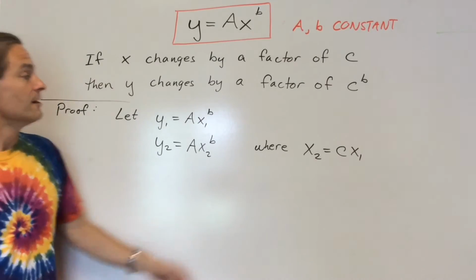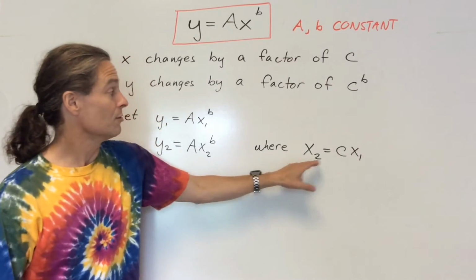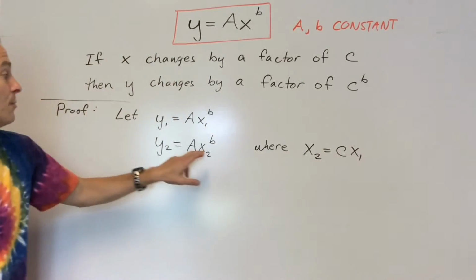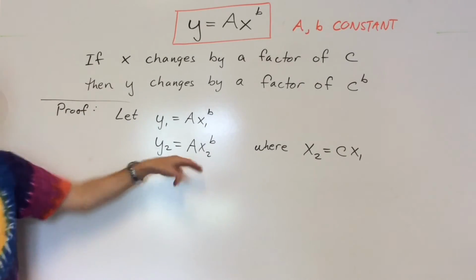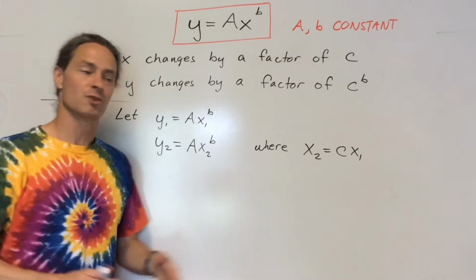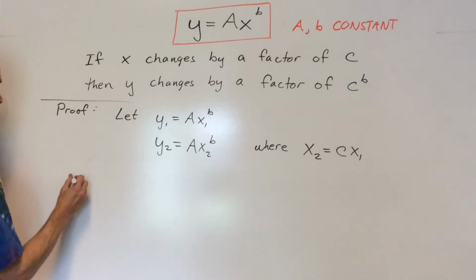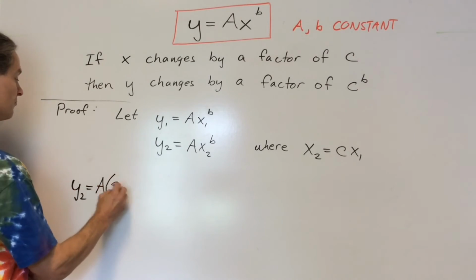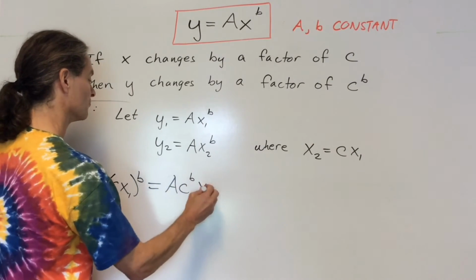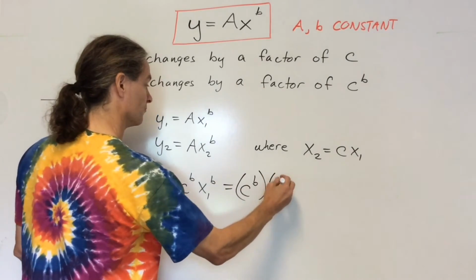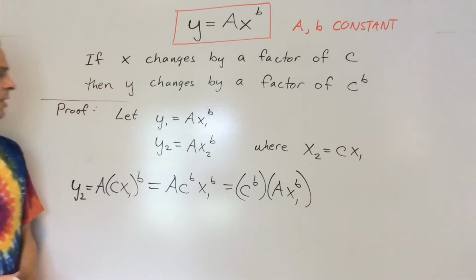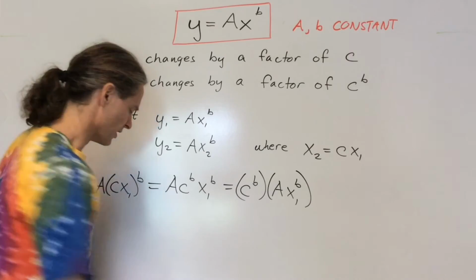Well, to do that, let's just take this, x2 equals c times x1, plug that in for x2 here, and see what comes out. So here we go. This is interesting.